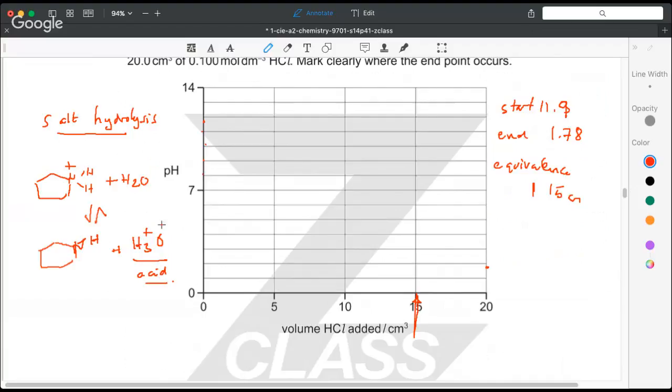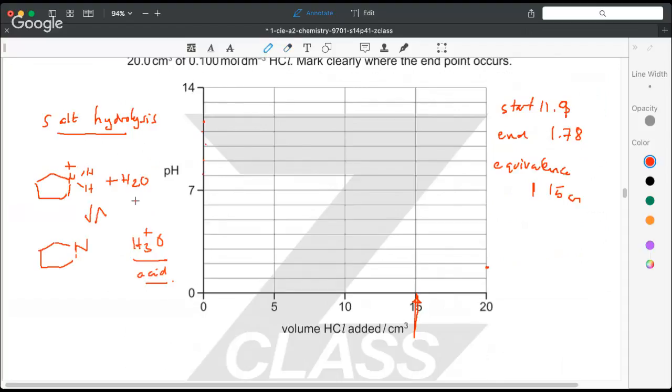Okay, my writing's a bit bad. Let me try and just draw that a bit clearer if I can. Can you guys see that okay? Okay.